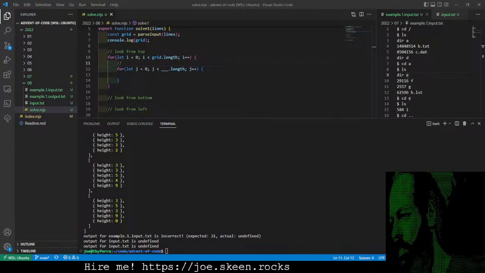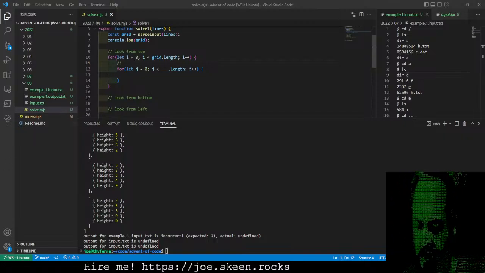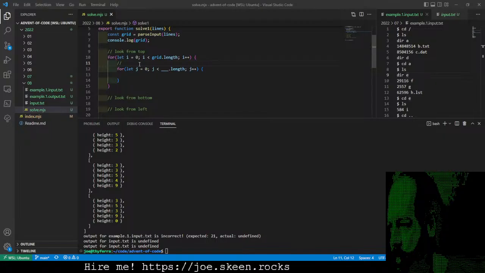Okay, so as we kept the original lines array intact, that means that the first dimension of the grid will be from top to bottom. So as I increases, we are looking at a new row.